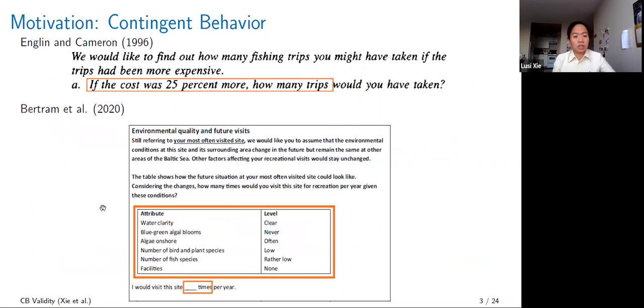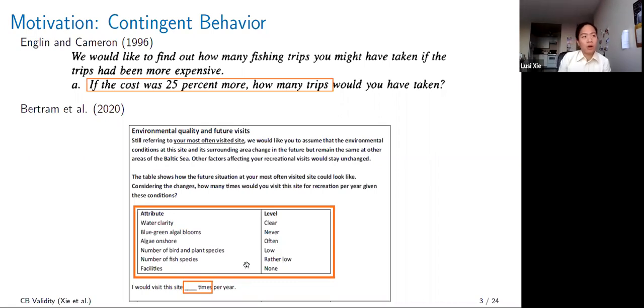From the literature, there are two examples. The one above proposes to change cost or prices and ask for, again, quantities, how many trips. And the one below proposes to change attributes. That is similar to the presentation in choice experiments, but it asks for frequencies as opposed to a choice.